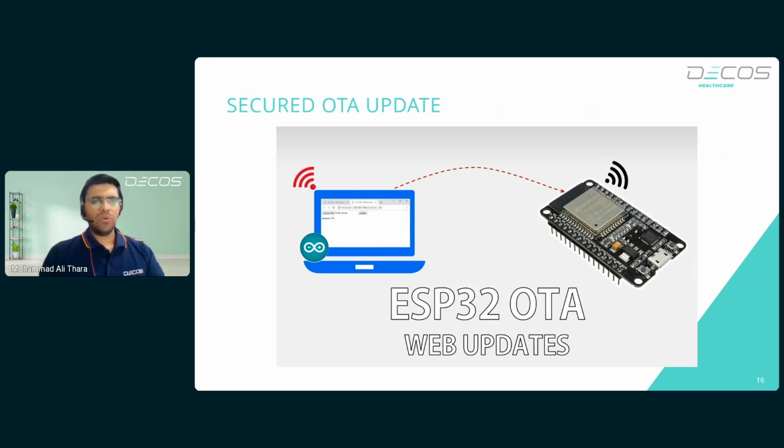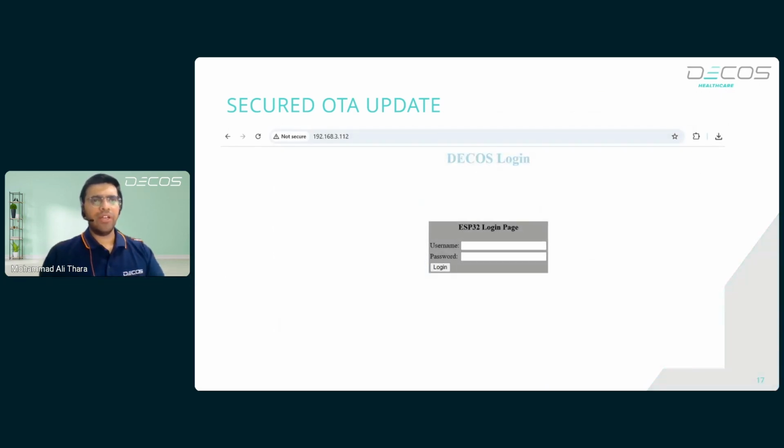I'll show you how the web page I have created looks. This will be the Decos login page. It will help us secure our product from unknown users uploading the firmware directly. I'll show you this also by a demonstration.